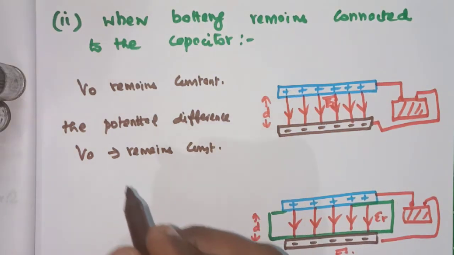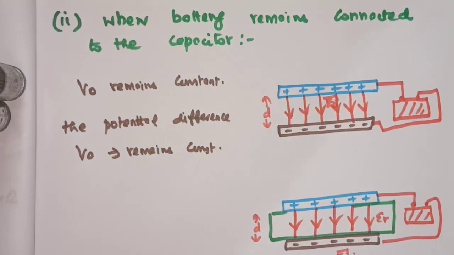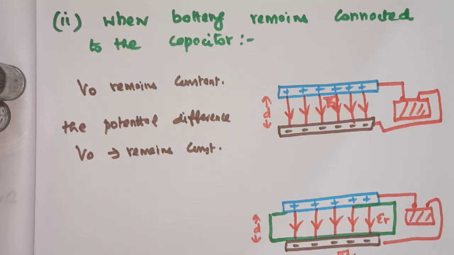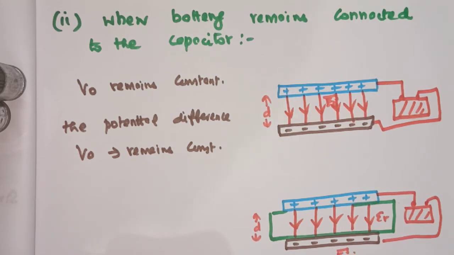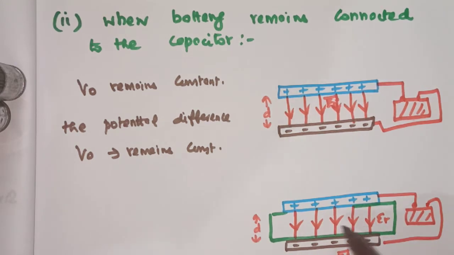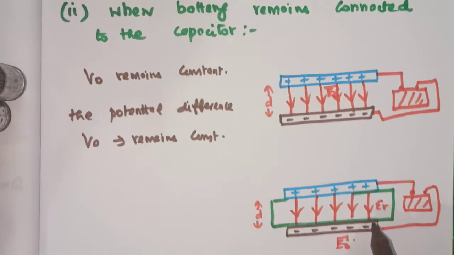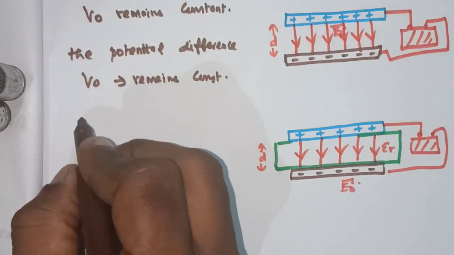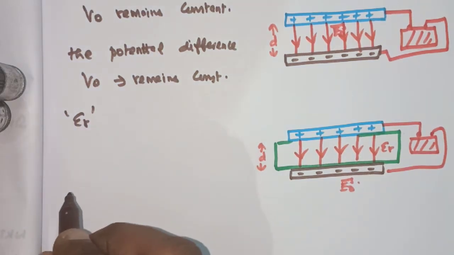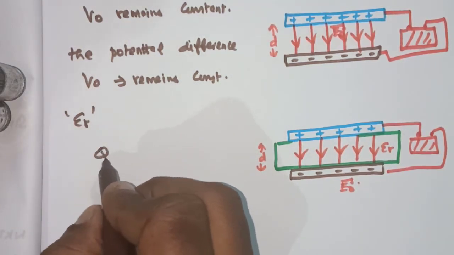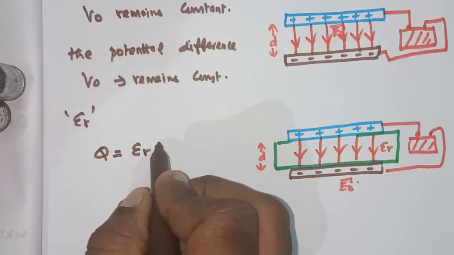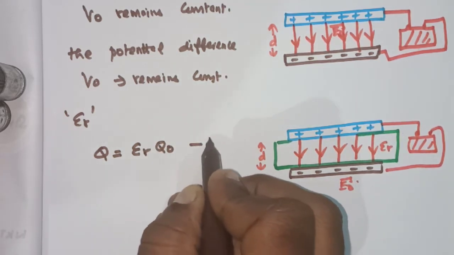Okay, but when dielectric is inserted here, the charge stored in the capacitor is increased by the factor epsilon r. Therefore we write Q is equal to epsilon r Q naught.